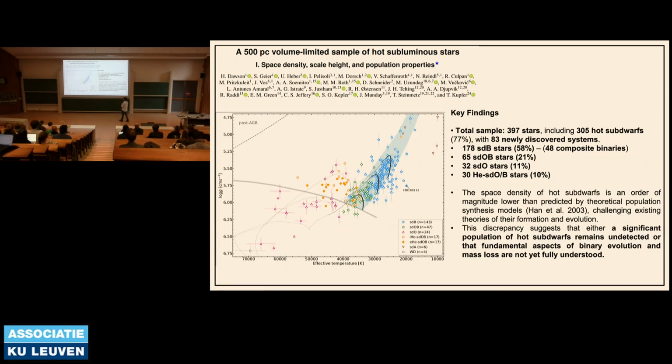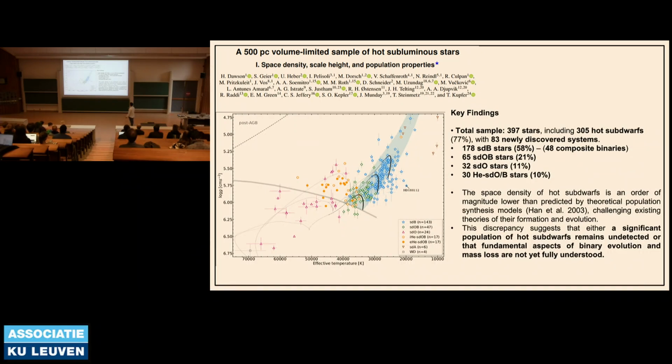So one of the key findings in this study: the space density of hot subdwarfs is an order of magnitude lower than the one predicted from the binary population synthesis studies by Han et al. And this is, of course, a problem, because the discrepancy suggests that either a significant population of hot subdwarfs remains undetected, or fundamental aspects of binary evolution and mass loss are not fully understood yet.